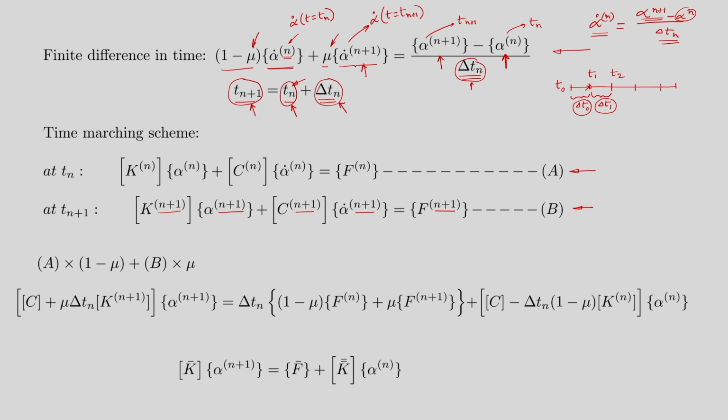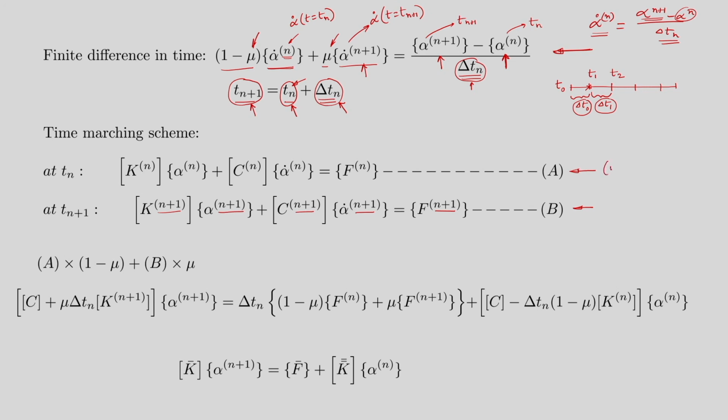Now, choosing mu equal to 0 or 1, I can use one of them and derive the final discrete form, but our intent is to keep mu as it is, find the final discrete form, and then plug in different values of mu and see how the schemes differ. So, we will take the generalized form of this finite difference scheme and plug it in.